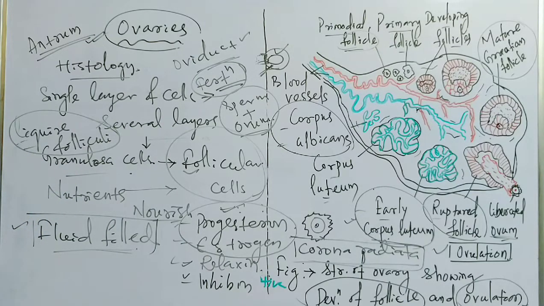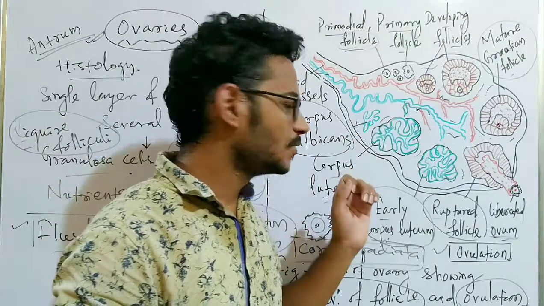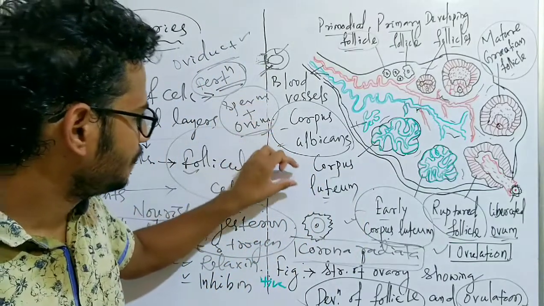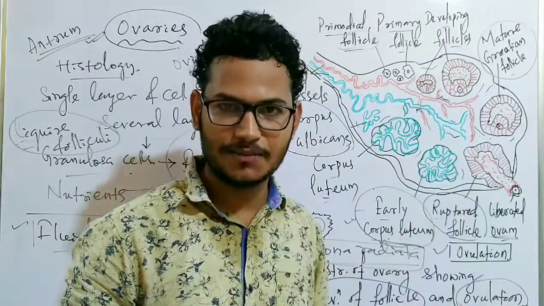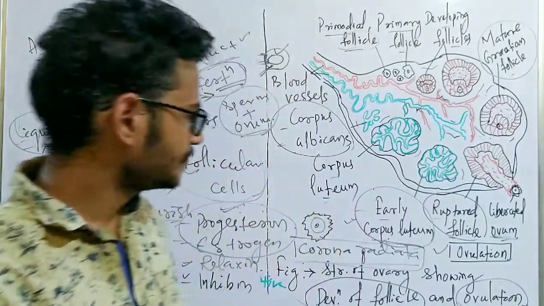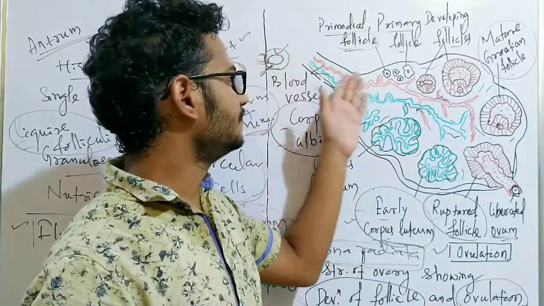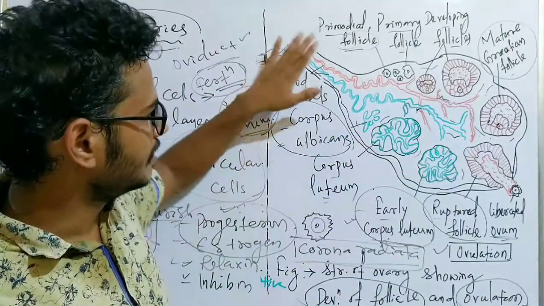And the membrana granulosa is also helpful in the secretion of estrogen. So this is how the different hormones are produced from the different structures in the ovary. The function of the corpus luteum, which is formed after the rupture of the Graafian follicle and the liberation of the secondary oocyte or mature ovum, and how the different developmental stages are seen are here in this diagram.